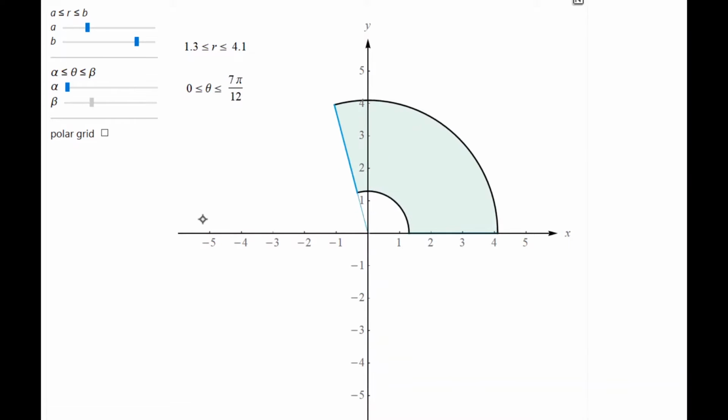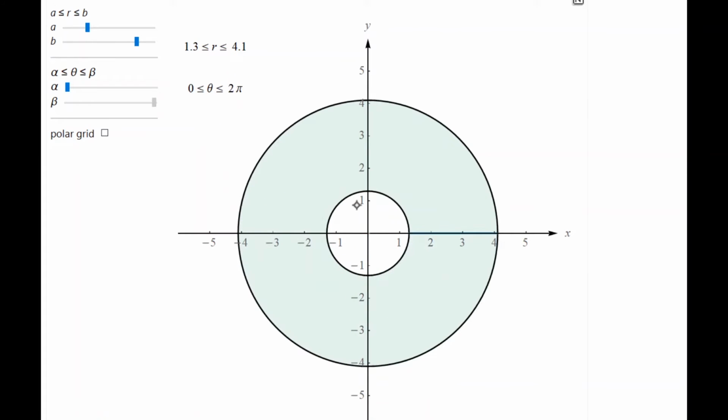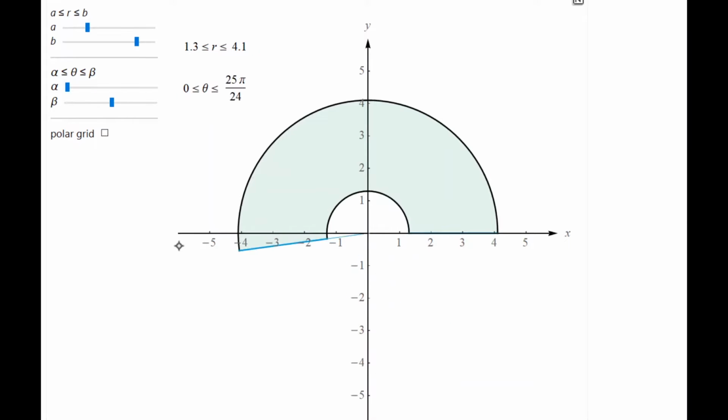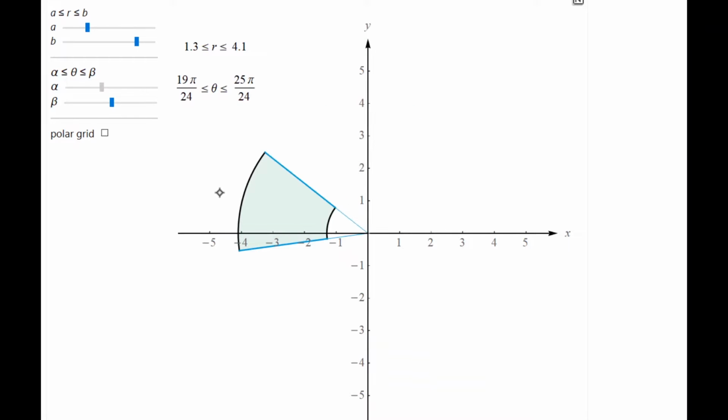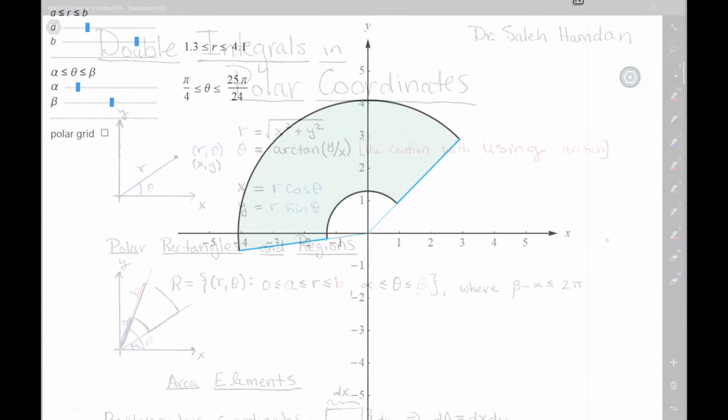So if I increase beta, you could see here that I could go all the way around to 2 pi and get this donut. Likewise, we could vary alpha, where we start out, and here we're increasing alpha. And so this should give you a little bit more insight of how to describe regions in terms of polar coordinates.